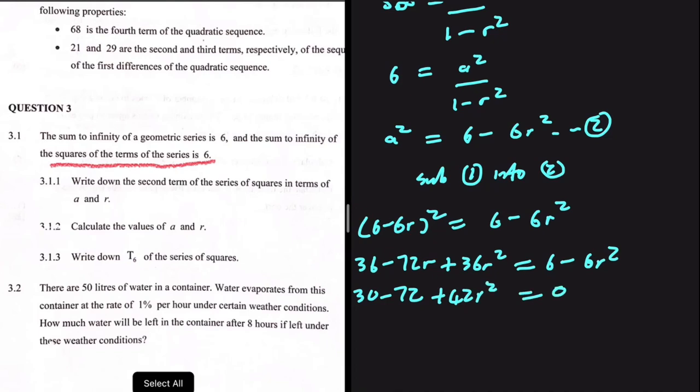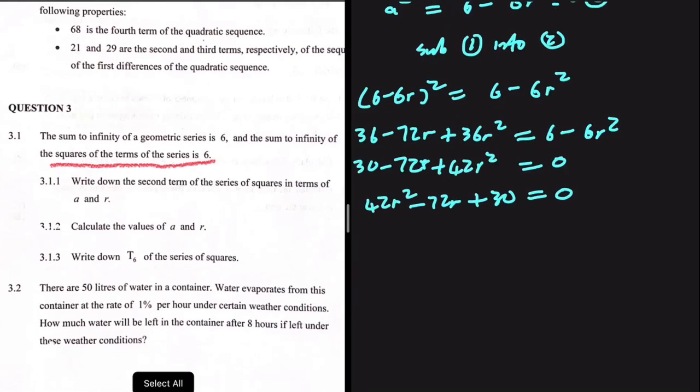We can write this nicely and get 42r squared minus 72r plus 30 being equal to 0. If we take a common factor of 6, we're going to get 7r squared minus 12r plus 5 being equal to 0. So now we can go ahead and factorize.